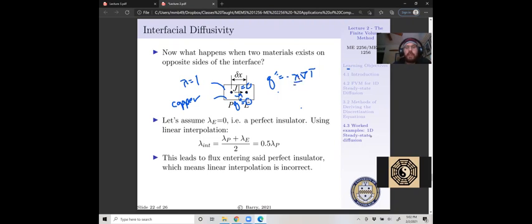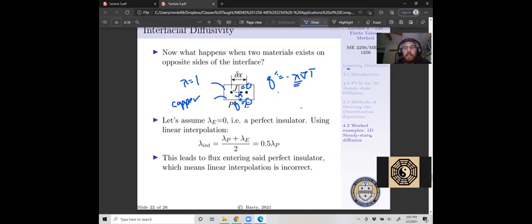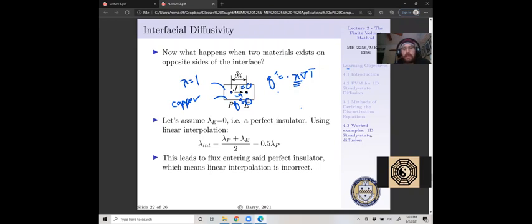And now that lambda is a non-zero quantity, we have a flux. And we go, if this is a perfect insulator, heat can't enter it. Because if heat enters it, our temperature is going to increase. And by definition a perfect insulator means we can't have heat entering. So we go, okay, linear interpolation has failed us.